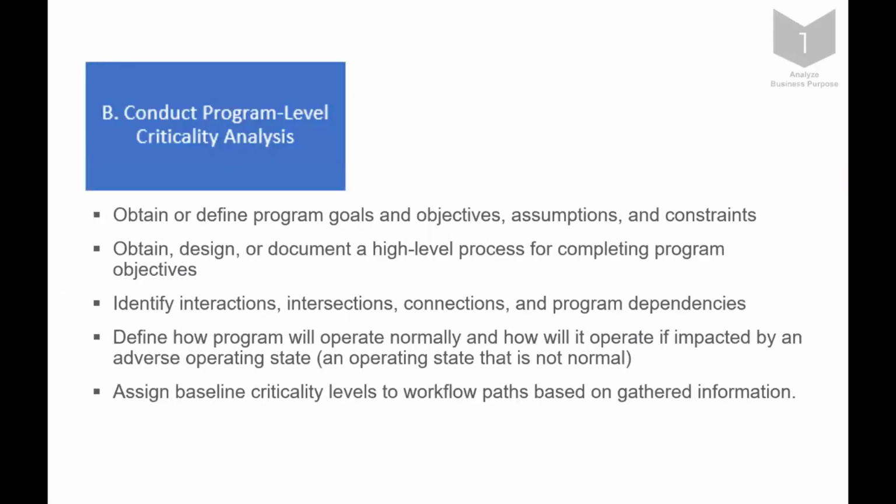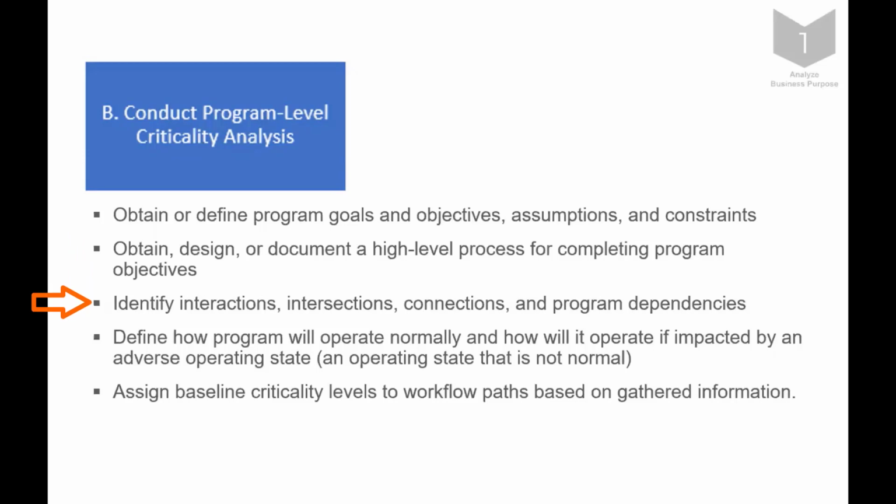When we think about this, let's start at the highest level of the organization and conduct what's called program-level criticality analysis. This would be obtaining or defining program goals and objectives, or assumptions and constraints, based on the highest level programs you have to help your business function. We do that through obtaining, designing, or documenting a high-level process for completing these program objectives or organizational objectives.